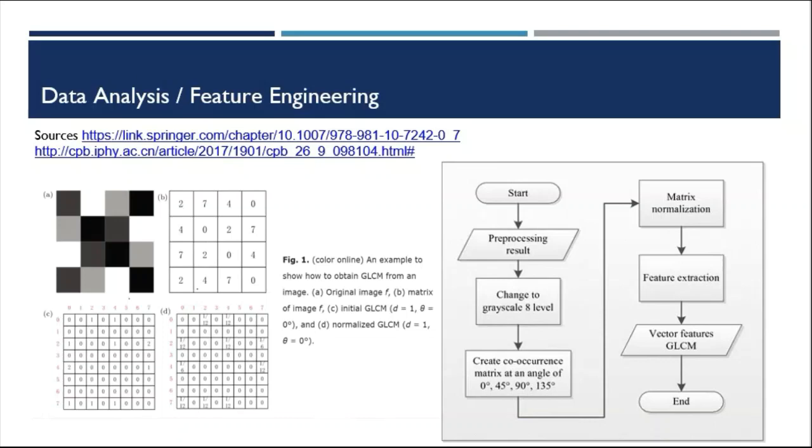Here are the steps to calculate the GLCM, which are provided in the book Practical Computer Vision Applications Using Deep Learning with CNNs with detailed examples in Python using TensorFlow and Keras. The flowchart image shows the steps.